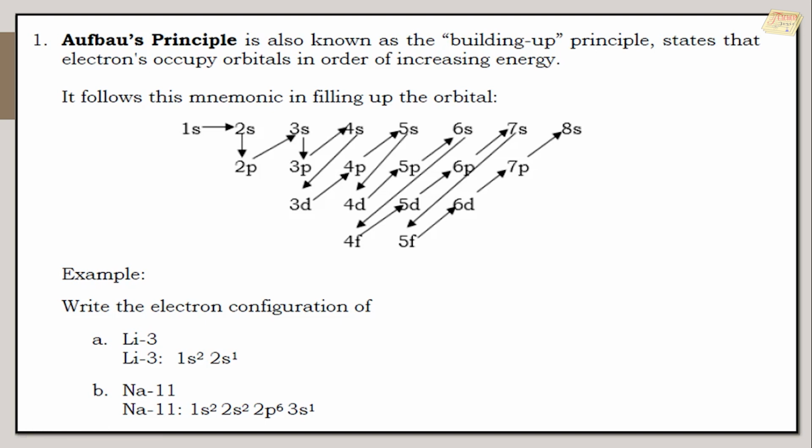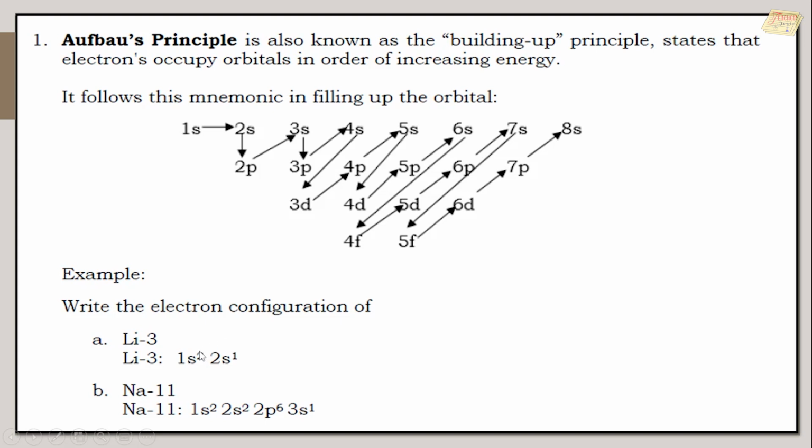This is how to write the electronic configuration. Example, write the electron configuration of lithium. Lithium has an atomic number of 3. Atomic number is also equivalent to the number of electrons. Therefore, the electronic configuration is 1s2, 2s1.